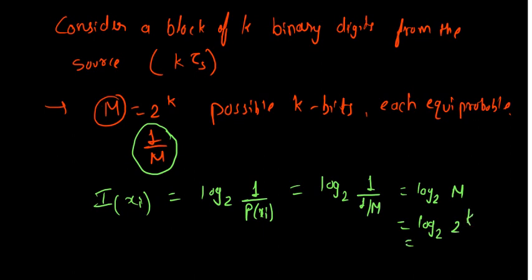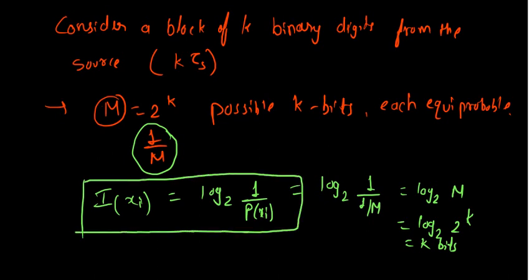So at the end we are getting k bits. These are naive examples that I considered just to validate the intuition we developed using mathematics, of how much information there is in the occurrence of one event in terms of bits.